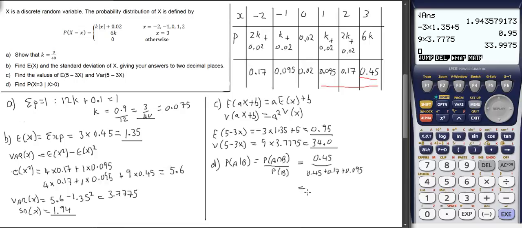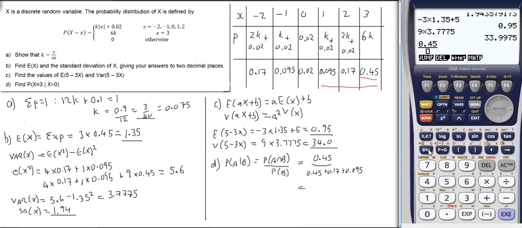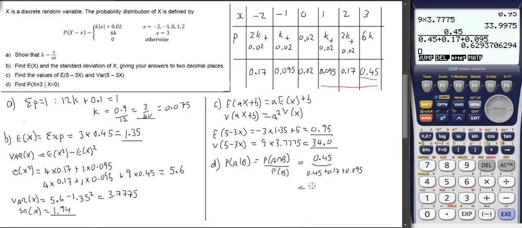And I can do that using the fraction button on the calculator. And I get 0.629, again to 3 significant figures. So that question could have been nasty, but using the table and using our brain, we sorted it out.